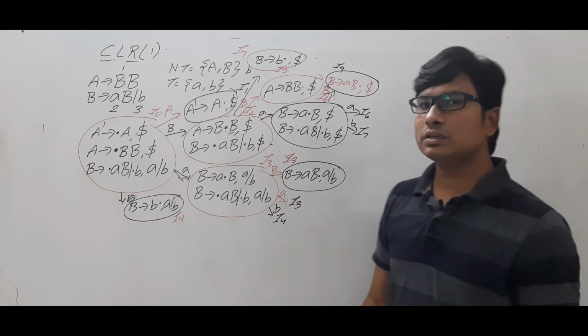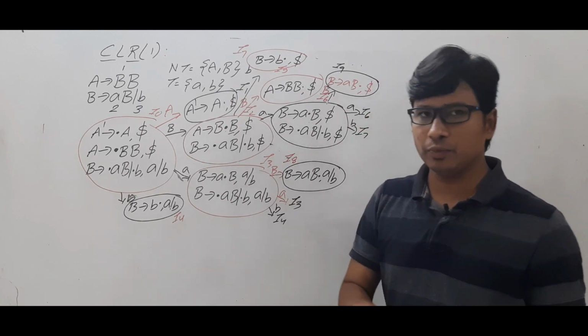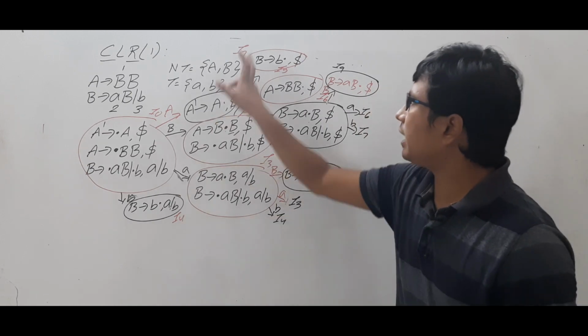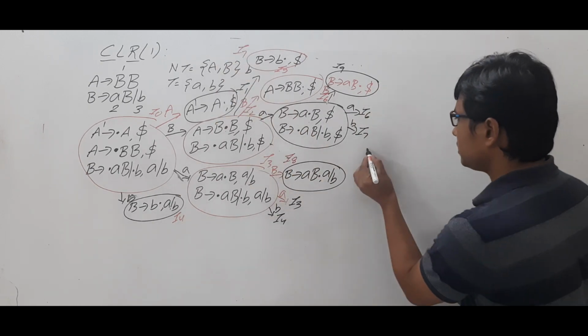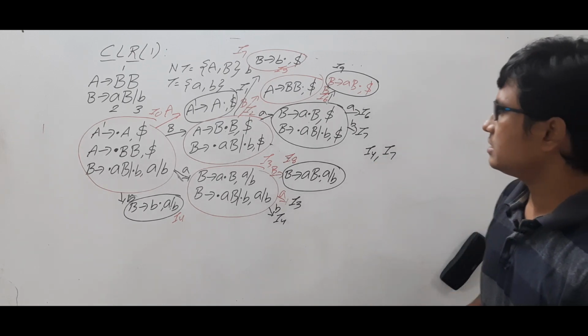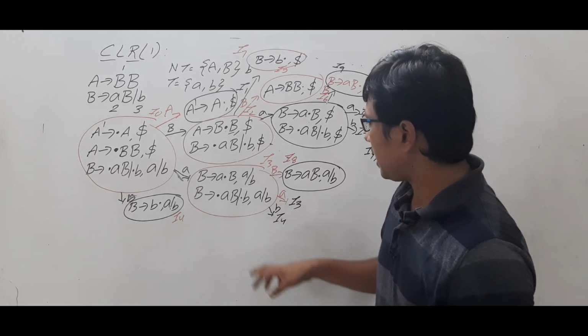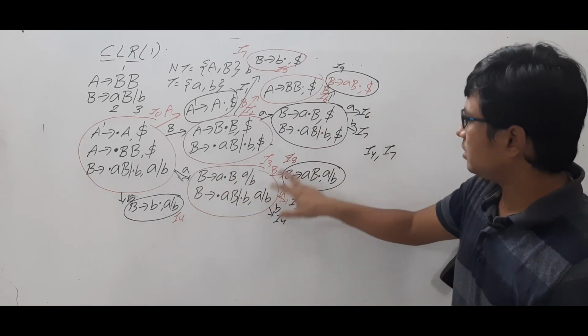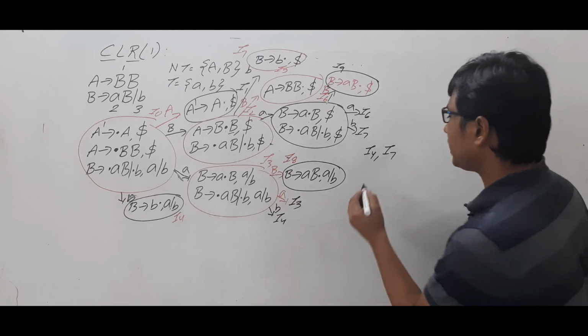Okay. Now what are the two states which are equivalent in the production? The look ahead is different. We need to check. I4 and I7 are the two states where the productions are same but the look ahead is different. Similarly, if you look at it, I3, the production, and I6, the productions are same, the look ahead is different.